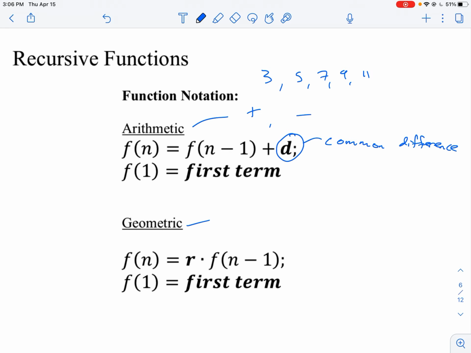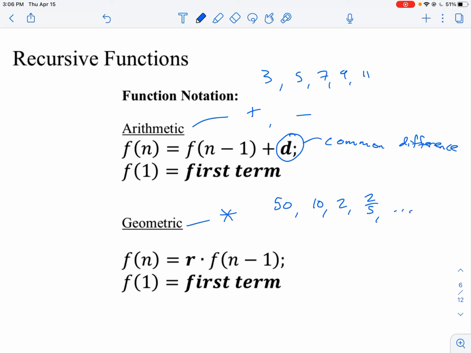Geometric sequences, on the other hand, are multiplying by the same number each time, which also means you can have dividing by the same number each time. But the thing is, if it does have a pattern dividing by a number every time, we just turn that into multiply by a fraction. And so an example of that would be something like 50, and then 10, and 2, and then 2/5.